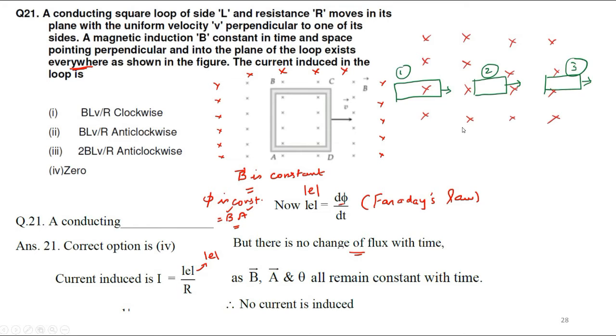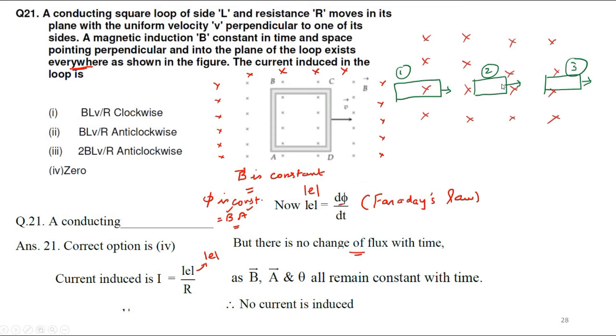See here, in case 1, the coil enters into the field region. From non-field region to field region, if the coil enters, the flux will increase. Here the coil goes outside the field, from the field region to no field region, so here also the flux changes. Here the flux increases, here the flux decreases.